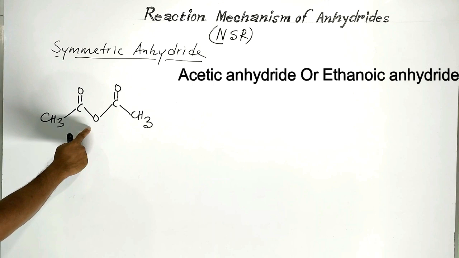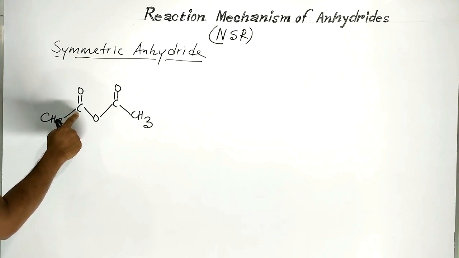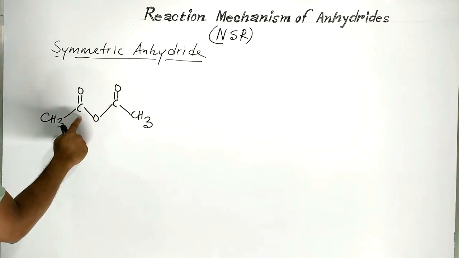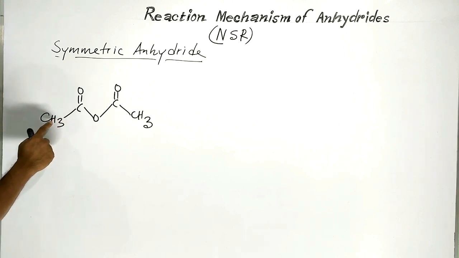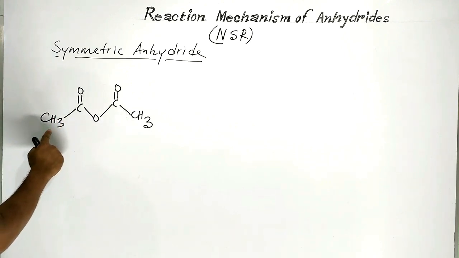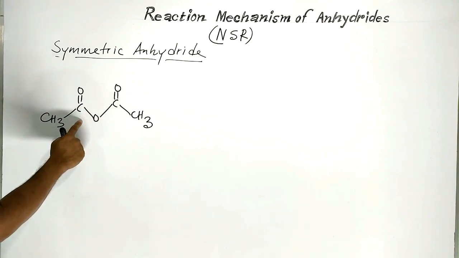This is symmetric anhydride because this functional group carbon and this functional group carbon, both the carbon atoms are linked up with same alkyl group, methyl alkyl group. Based on this point, this anhydride is a kind of symmetric anhydride.